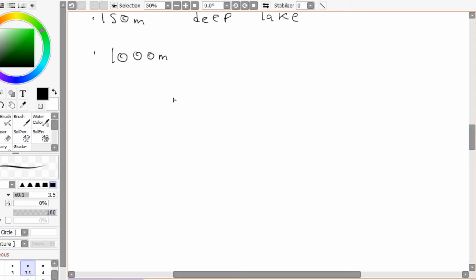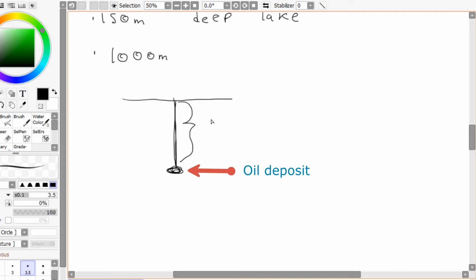We are going to have our oil deposit over here, and there is a lake on top of the ground. So if we're going to calculate from the ground, well, yes, this will be our 2,300 meters. But then with the lake on top, we're also going to have this part, which is 150 meters.